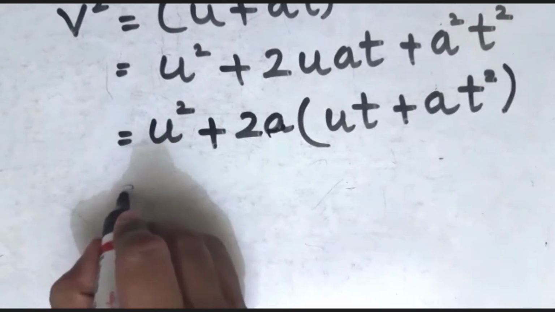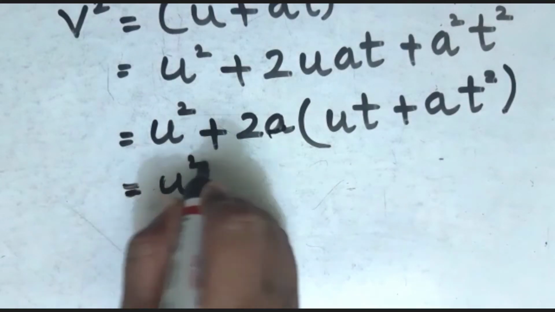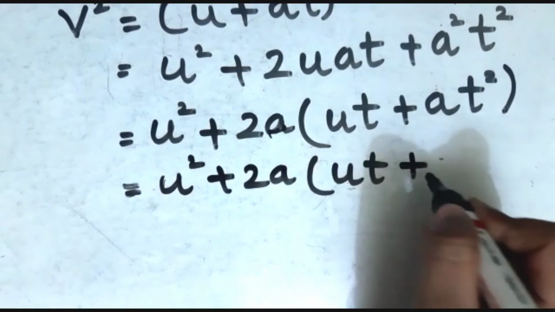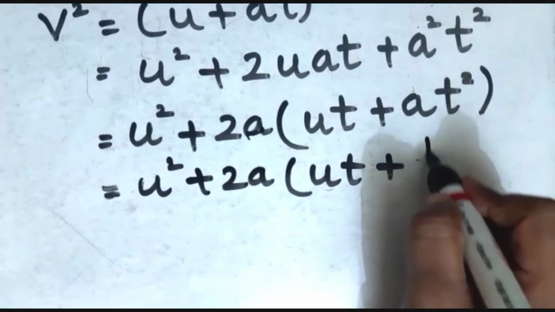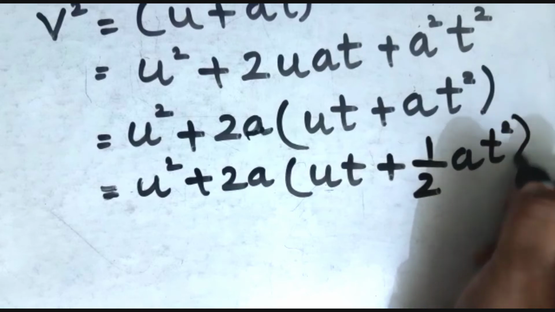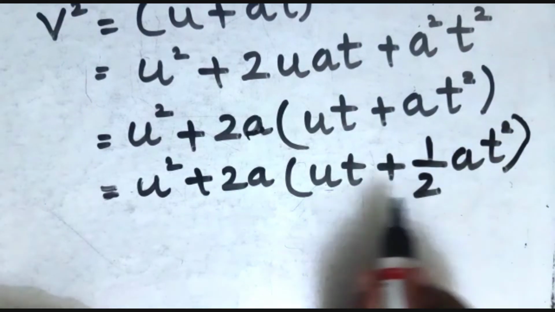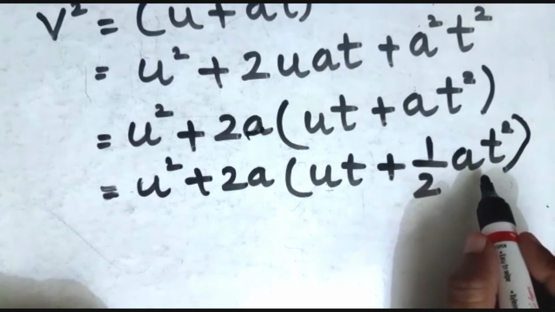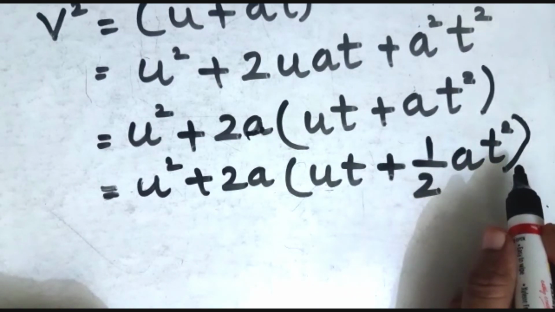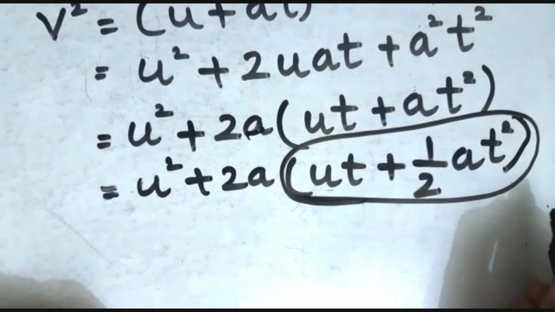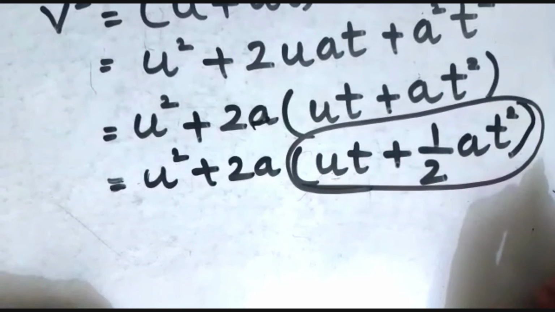We can write this as ut plus, now here I am making some changes, like half at squared. Remember, these two and this two get cancelled, or we can write it this way, half at squared, just to make it equal to our second equation of motion, that is s.